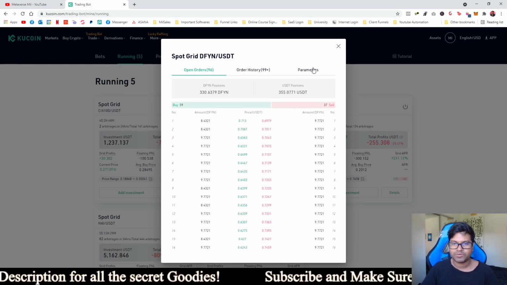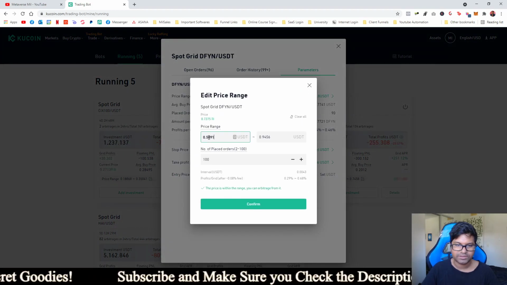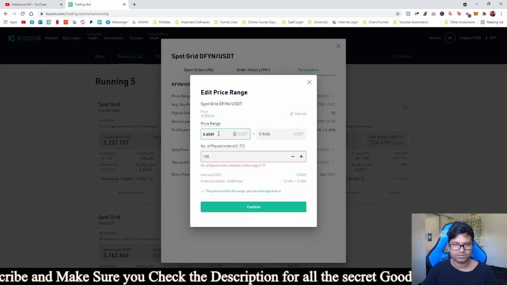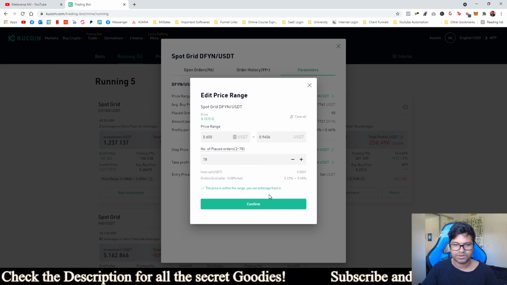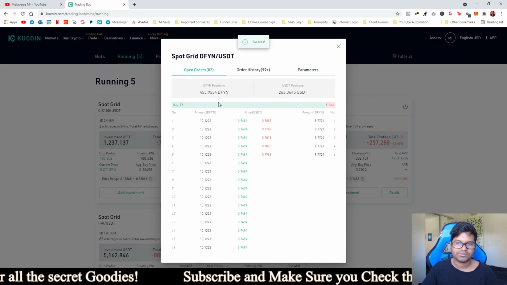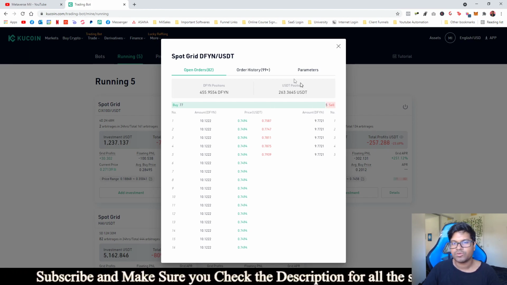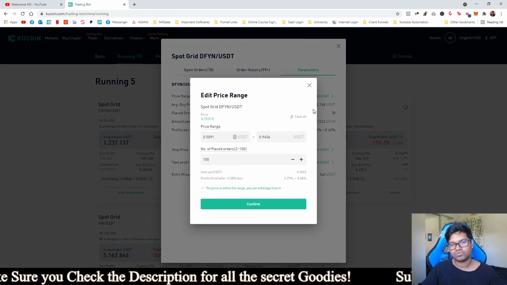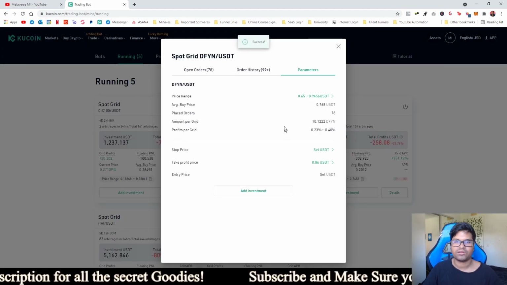If you change it the opposite way, say I change this number to 65 and go back, you can see now it's buying a lot more because these prices are lower. So sometimes when you notice something is going to happen in the market, you can adjust these numbers to buy or sell more of one thing.